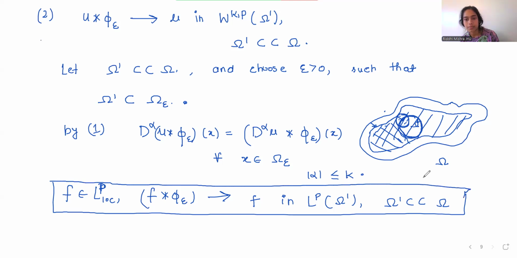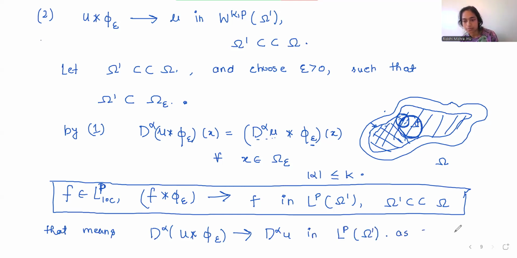So this means that D^alpha u convolved with phi epsilon converges to D^alpha u in L^p(omega prime) as epsilon goes to 0.